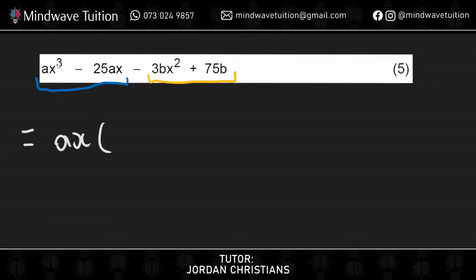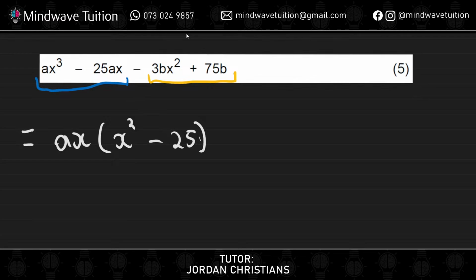So what are we left with from this one? Since we'll be taking out an a, the a will come out, and since we're taking out an x, that leaves us with two of them. And we're taking the ax out of the 25, so we'll be left with just the 25 there. This is where it gets a bit tricky, when there's a negative in front of this one right here. So we have two options.